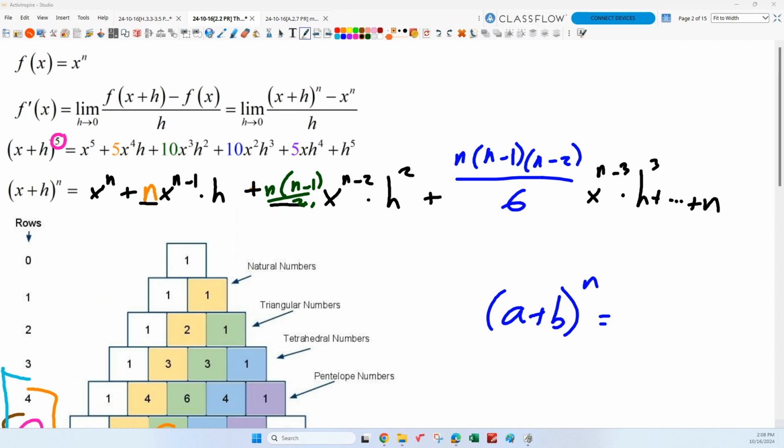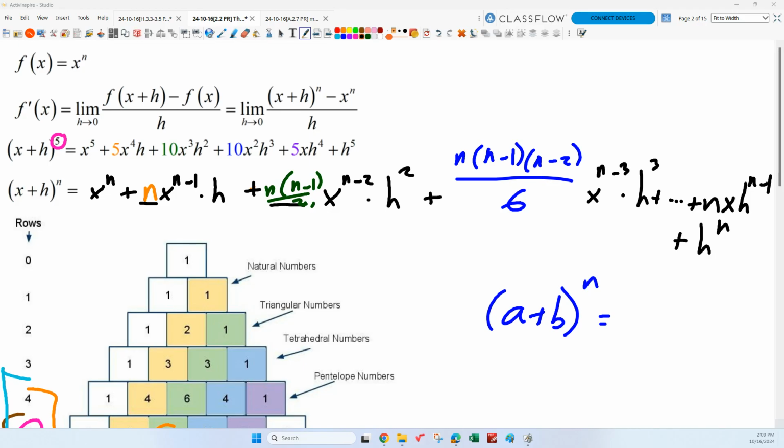Look up here at this one. I get down to the second to the last term, and the x's are almost gone. It's x to the 1. In the last term, the x's are completely gone. It's x to the 0, right? So I'm going to get n x times h to what power? N minus 1. And then the very last term would just be 1 x to the 0 h to the n, right?